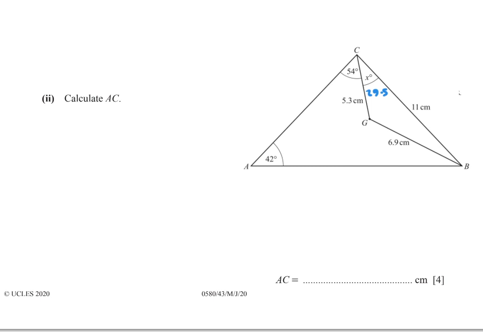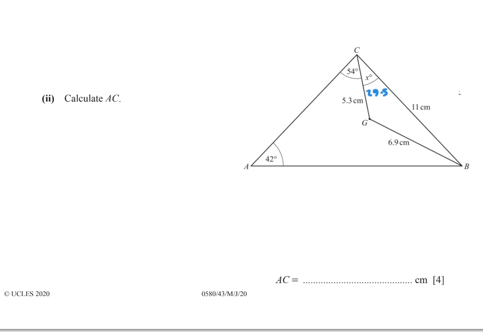Part ii, calculate AC. In triangle ABC, we have an angle and we can find the second one. We have 2 angles and 1 side, so we can use the sine rule to find AC. But we need to find this angle ABC.